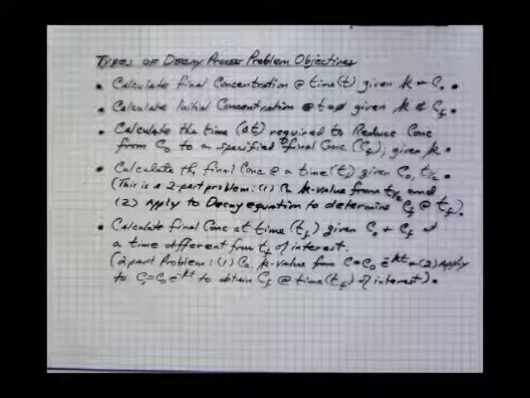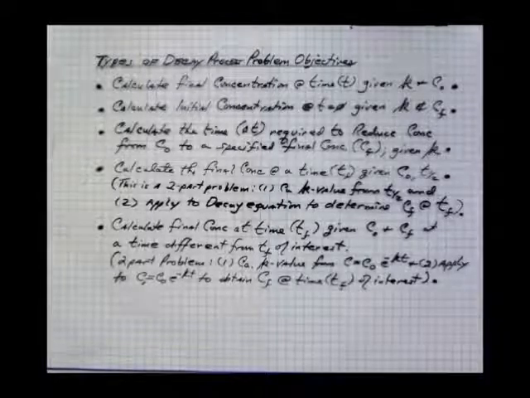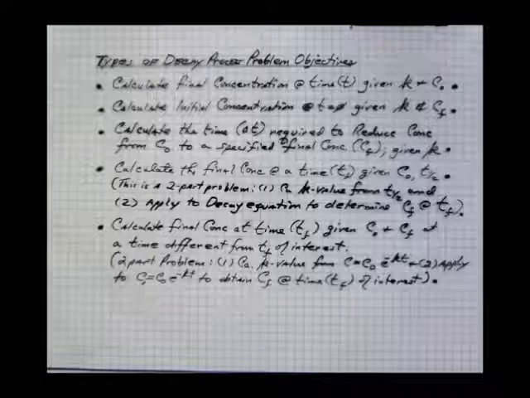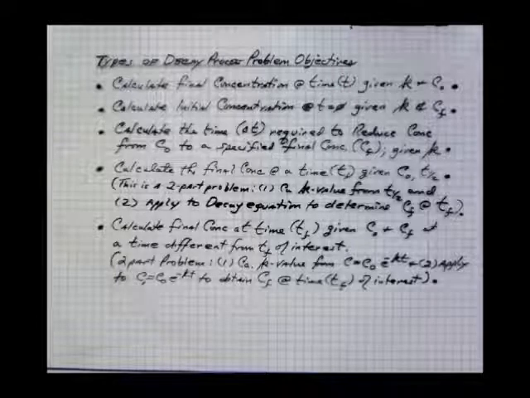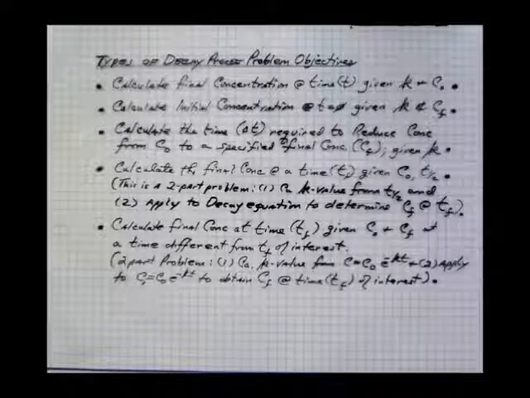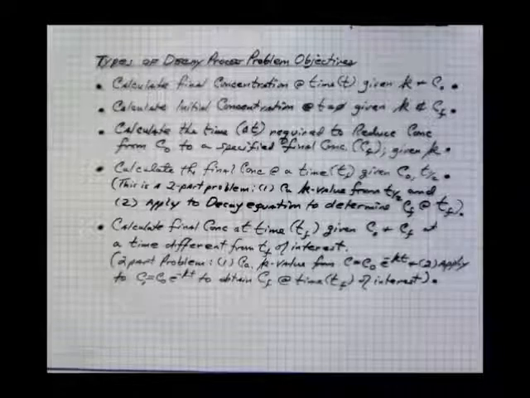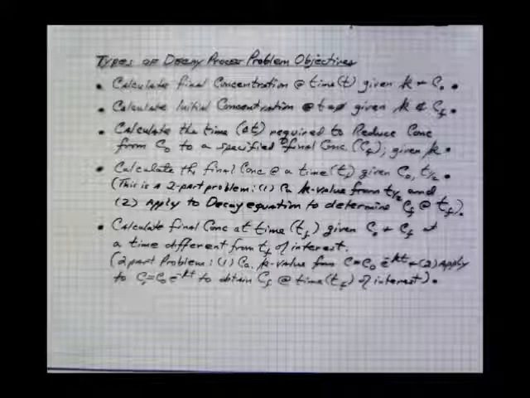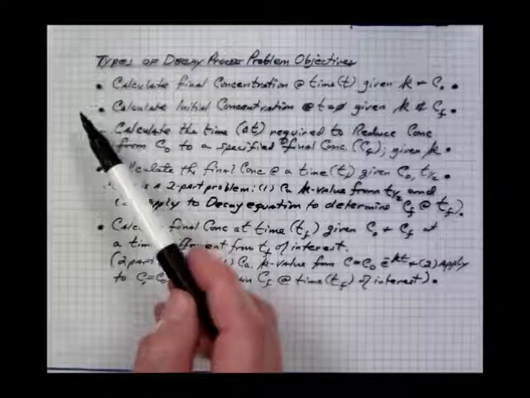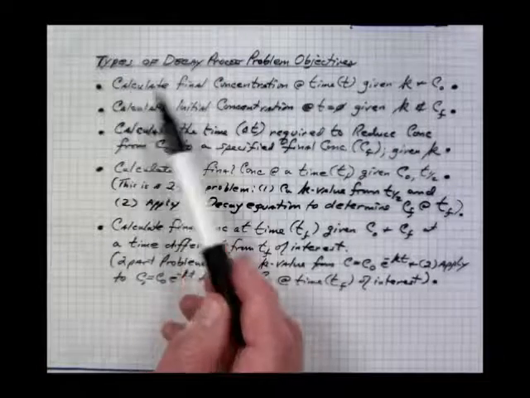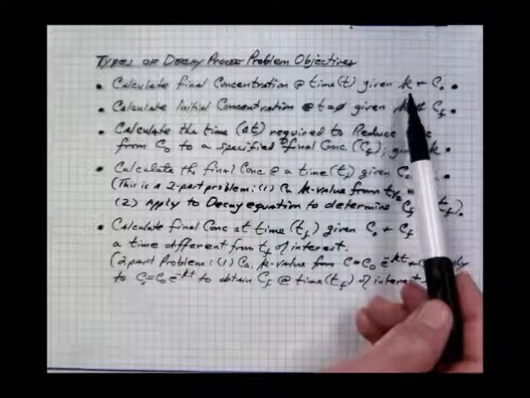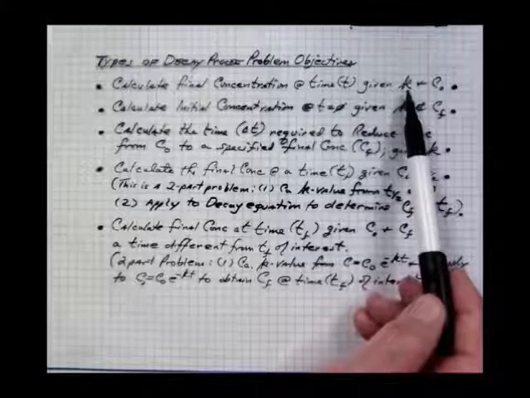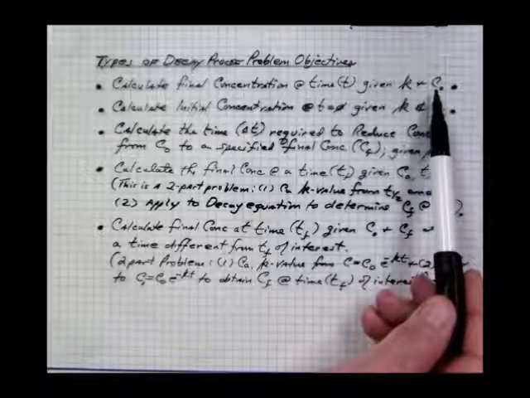Here are several problem types that you'll run into when working half-life and decay equation type problems. As the problem is presented, you'll see data come in various forms. Calculate a final concentration at time t given the K value, the rate constant, and an initial concentration.